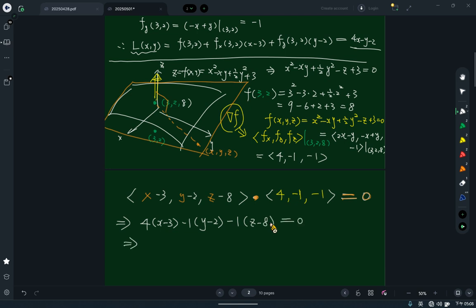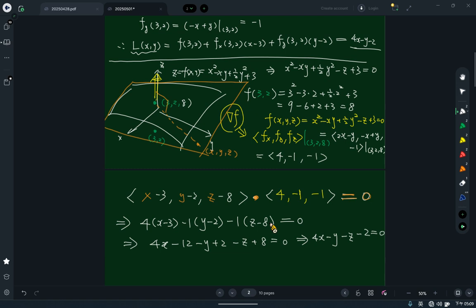Then we can continue to calculate. It will be like this, so that you can see it can be 4x minus y, negative z, then negative 2 is equal to 0.